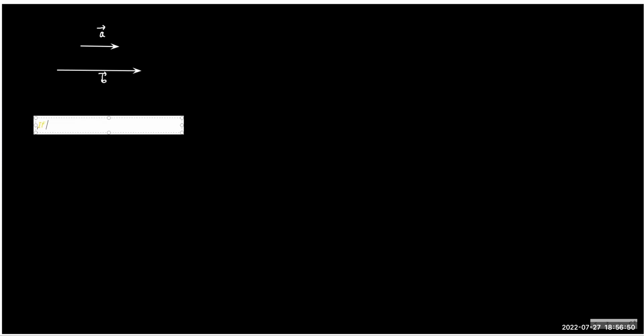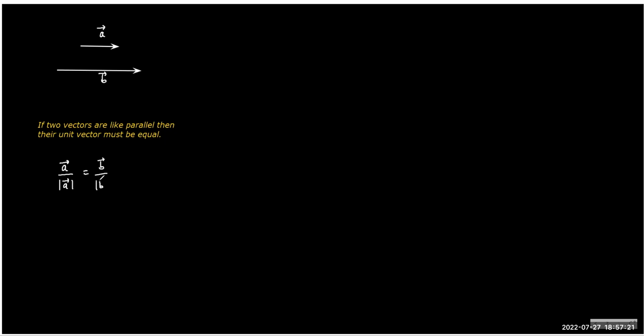If two vectors are parallel, then their unit vectors must be equal, right? Because a unit vector is what? The length is 1. So A upon mod of A will have same direction and same magnitude as B upon mod of B. Yes or no?